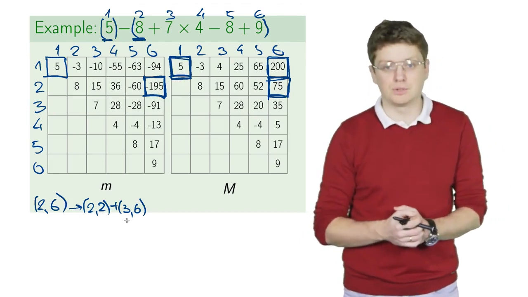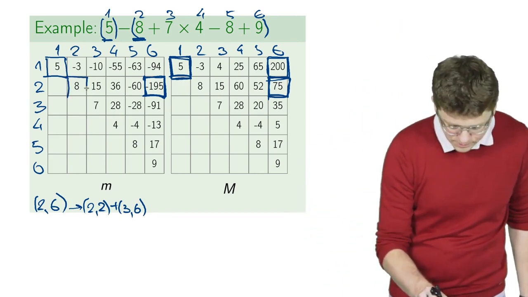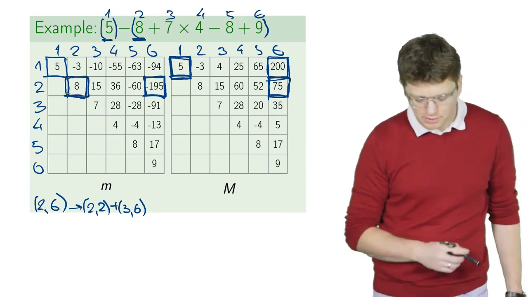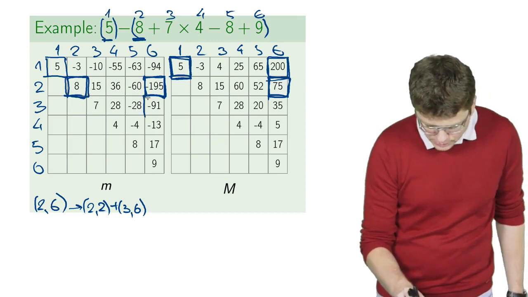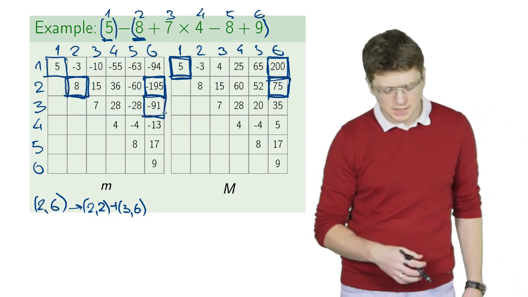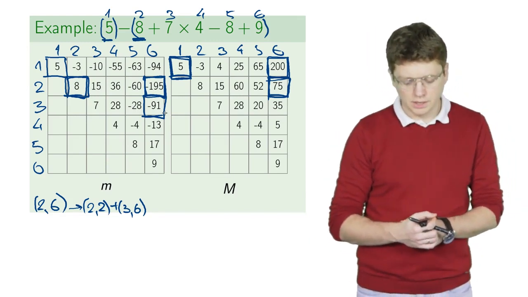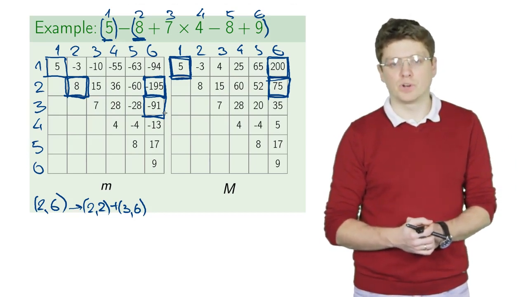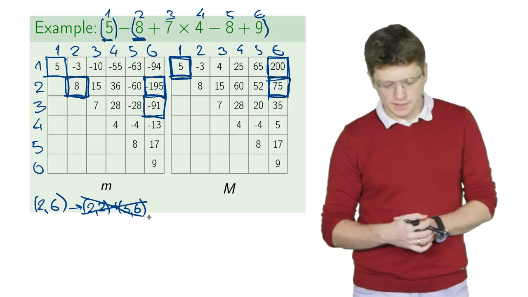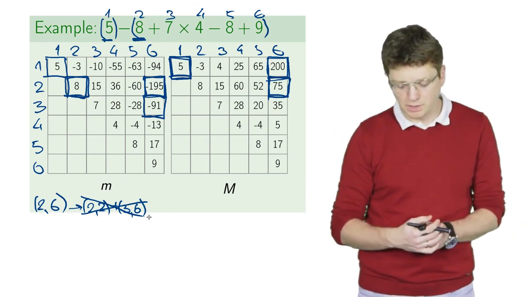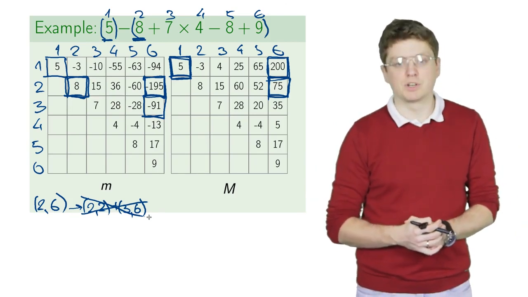And we already know these values, they are in our tables. So the minimal value of sub-expression 2 is 8, while the minimum value of sub-expression 3,6 is minus 91, right? So we see that the sum of these two values is not equal to minus 195, which means that plus is not the last operation in the optimal parenthesizing that gives the minimum value of sub-expression 2,6.